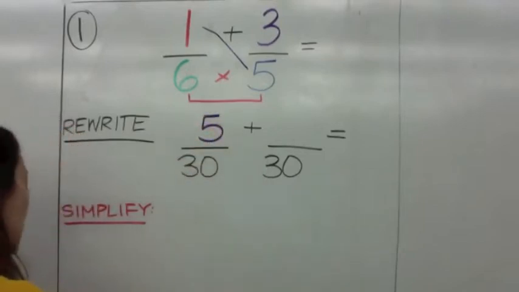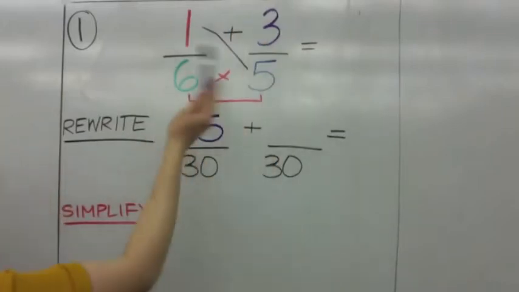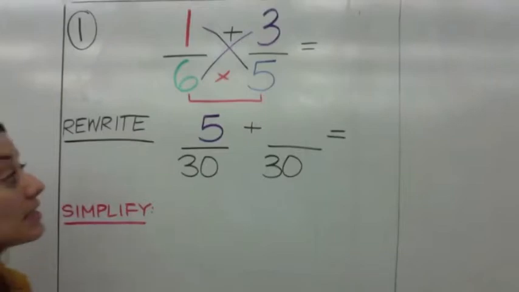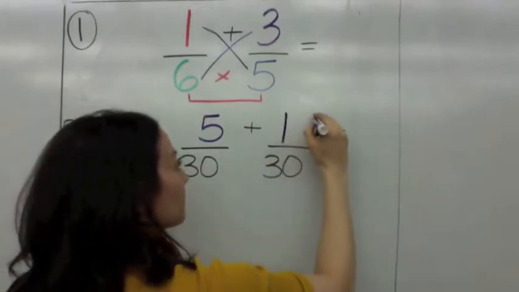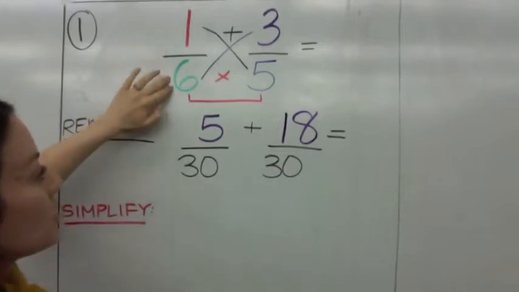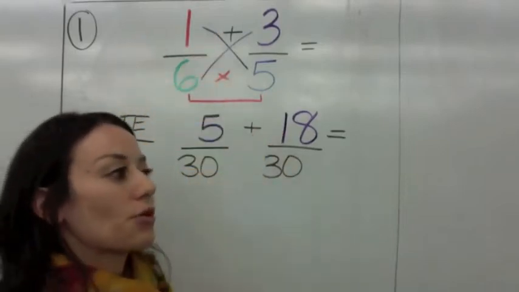And then you're going to do 6 times 3. What's 6 times 3? 6 times 3 is 18. Very nice. So 1/6 is rewritten as 5/30 and 3/5 is rewritten as 18/30.